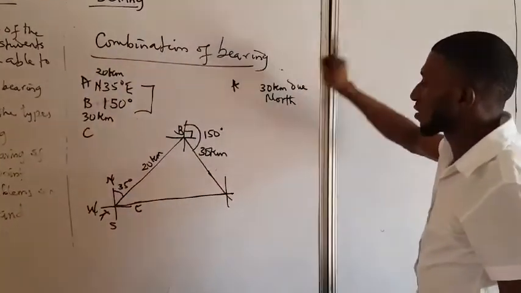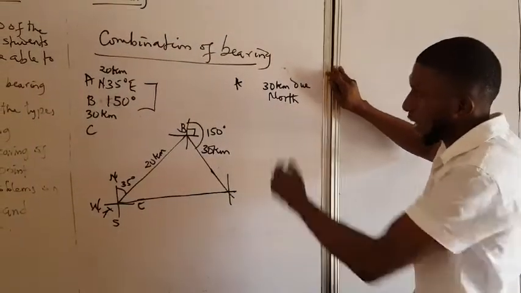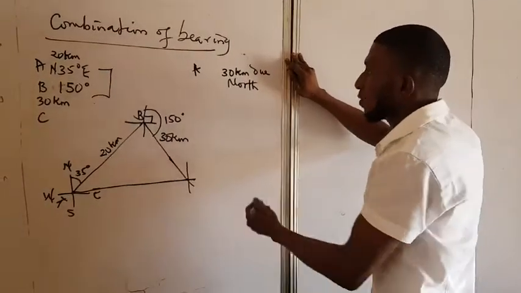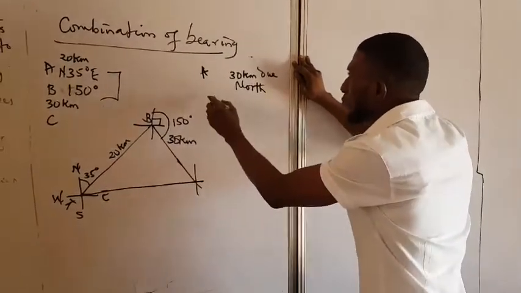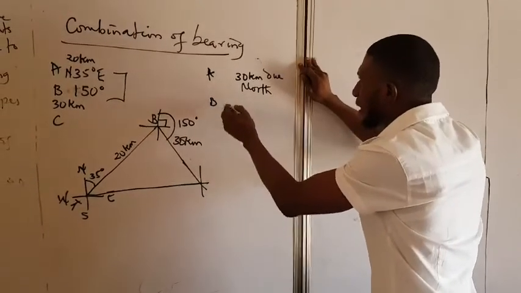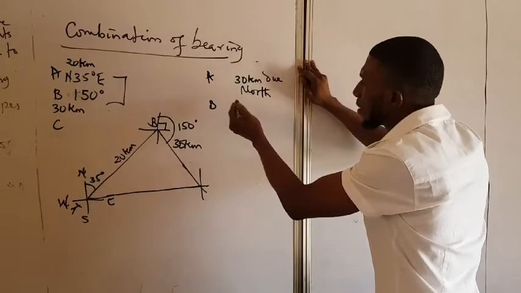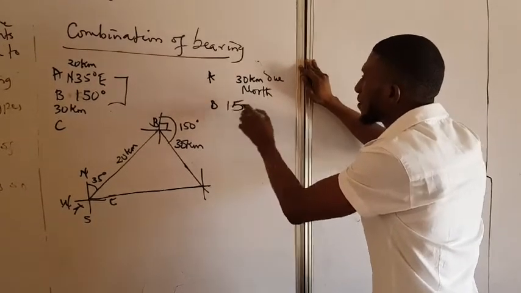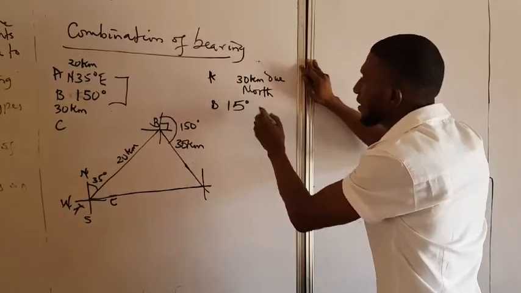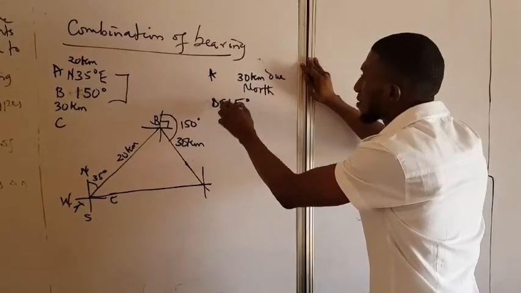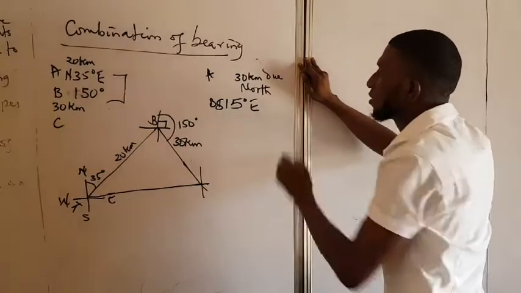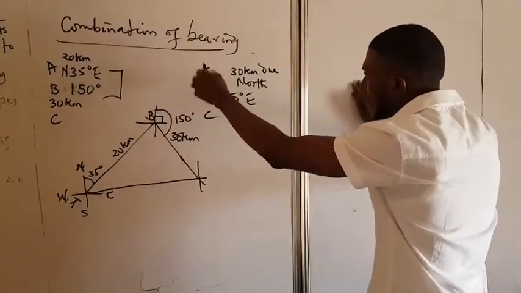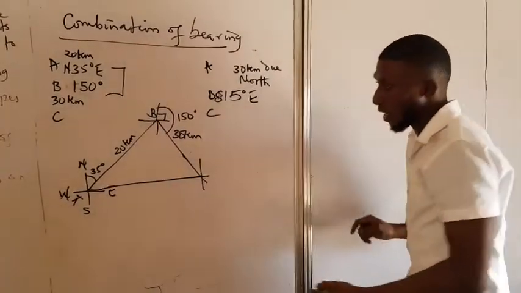This due north is a one directional bearing, and then he changes his course and moves, let's say from B, 15 degrees south east. Then they say you should find the distance covered by that man to the last point.